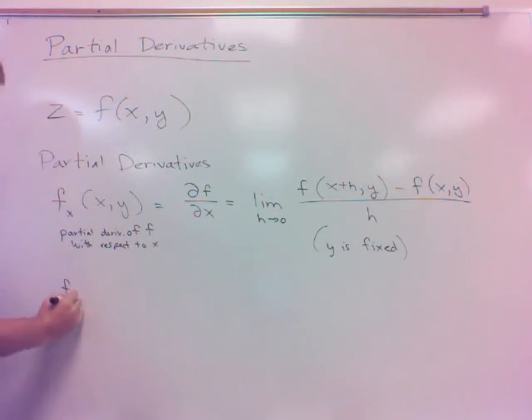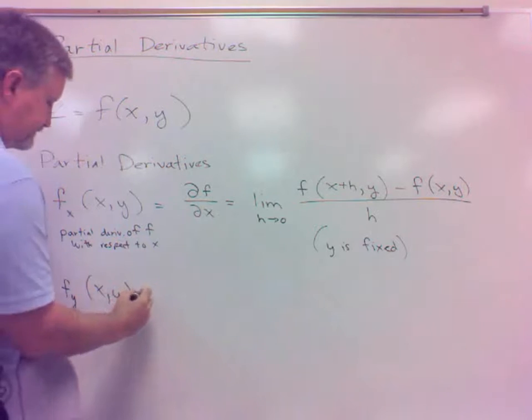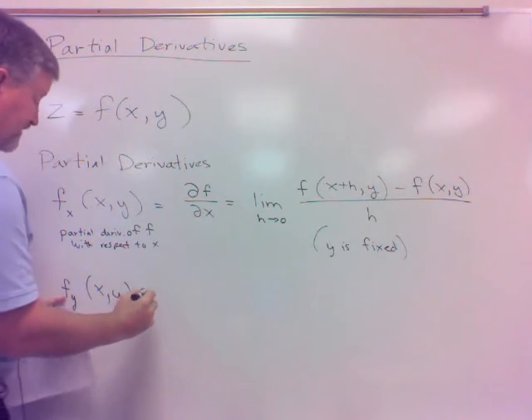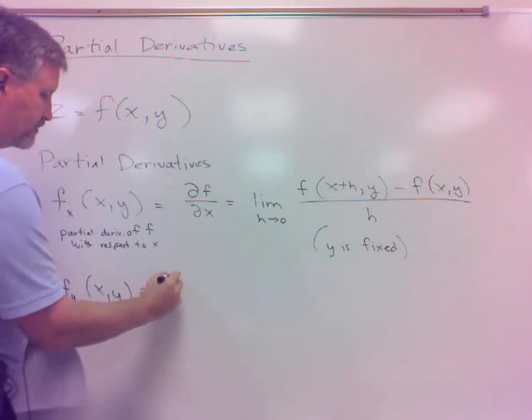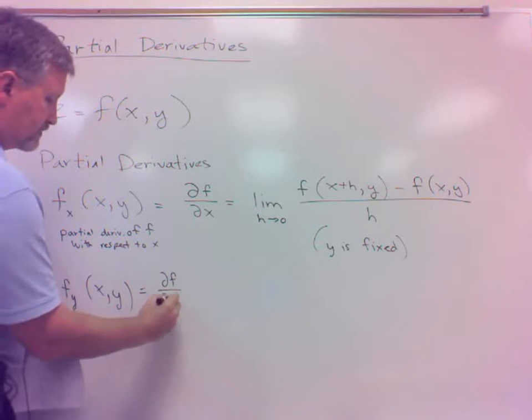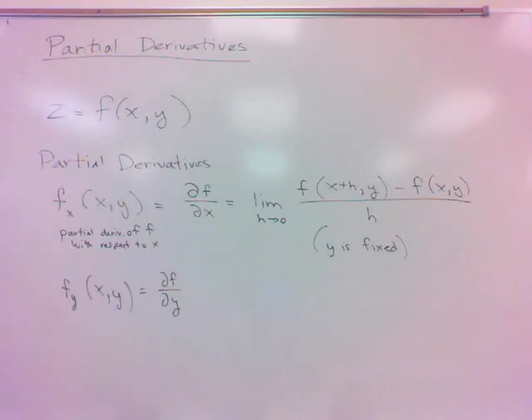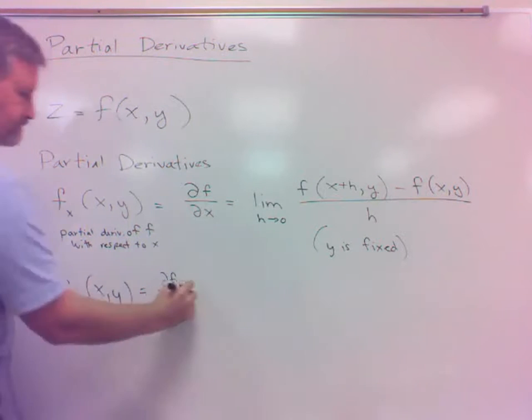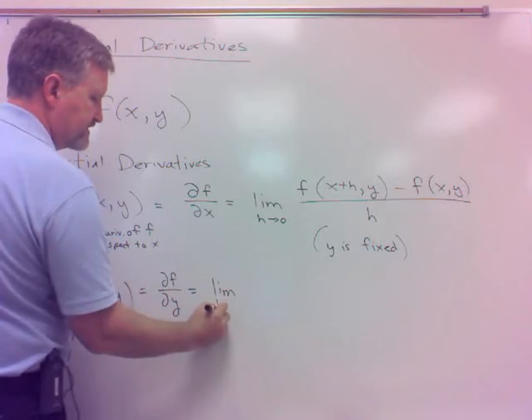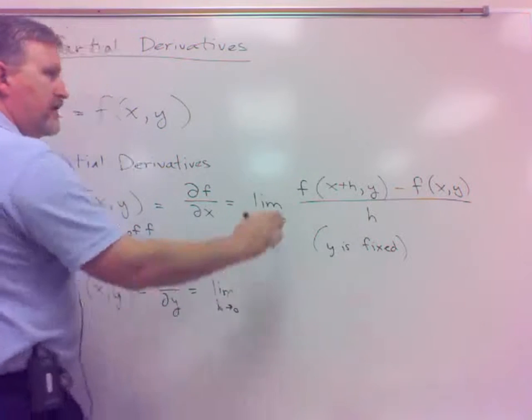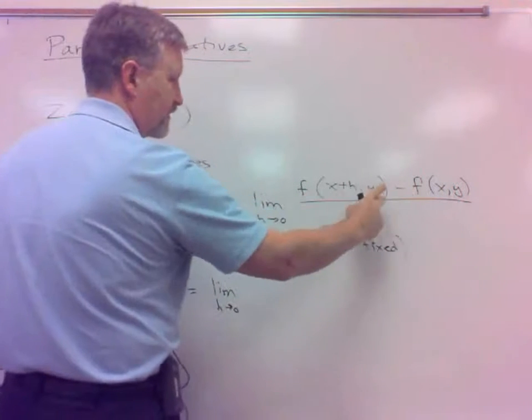Well, guess what we can do also? We can do the partial derivative of f with respect to y, which you can also denote with that notation. And so that's going to be the limit as h approaches 0 of, well, we're going to change the y a little bit.